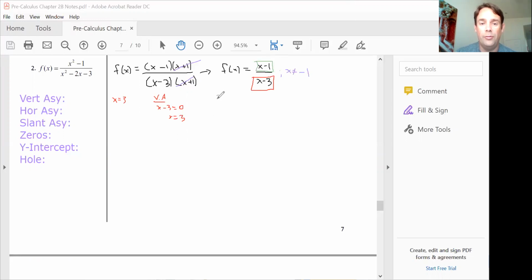Next up, I have my zeros. I only got one factor left over in the numerator. So if I make it equal to 0, I get the zero of my function, which is 1. That means I have an x-intercept at (1, 0). This has a multiplicity of 1 as well. All right, the y-intercept, that's when I plug 0 into my x value.